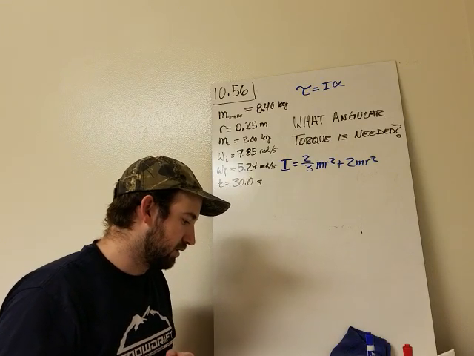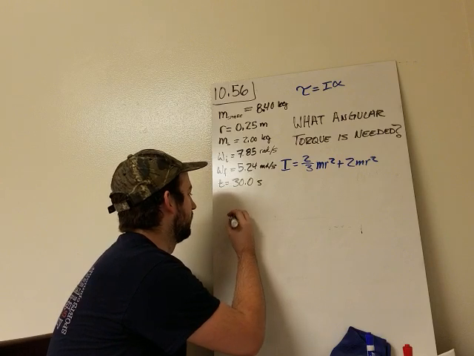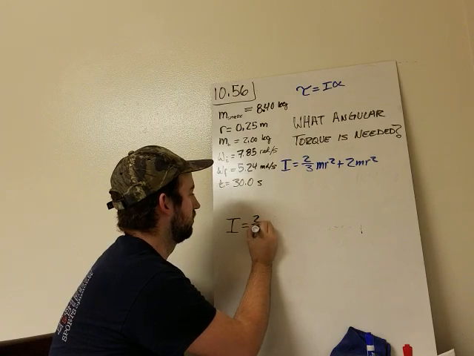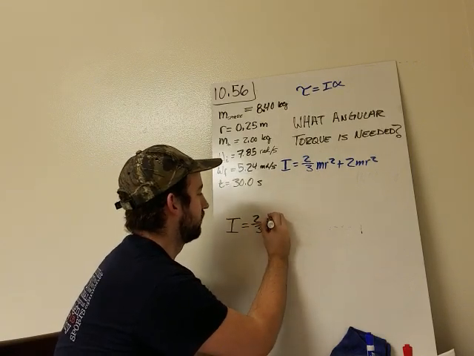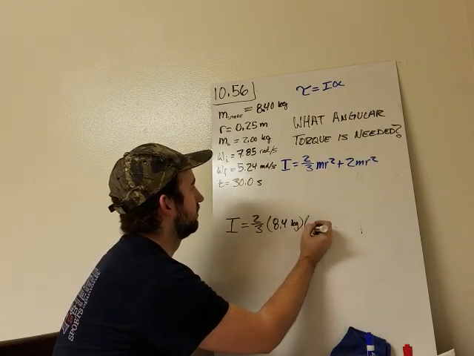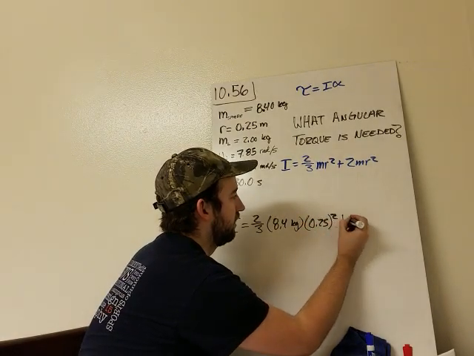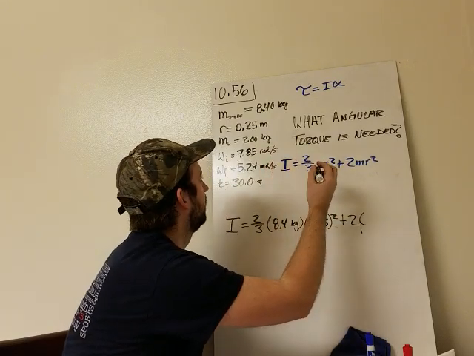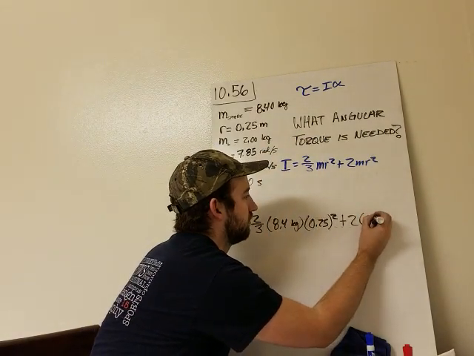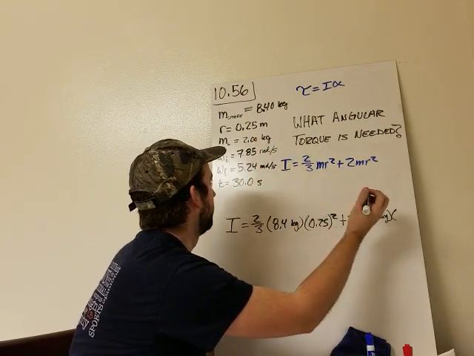Now we can find that moment of inertia. Let's plug in the things that we know. The moment of inertia equals 2/3 times the mass of the sphere, which is 8.4 kilograms, times the radius squared, which is 0.25 squared, plus 2 times the mass of the little masses, which is 2.0 kilograms, times the radius, 0.25 squared.